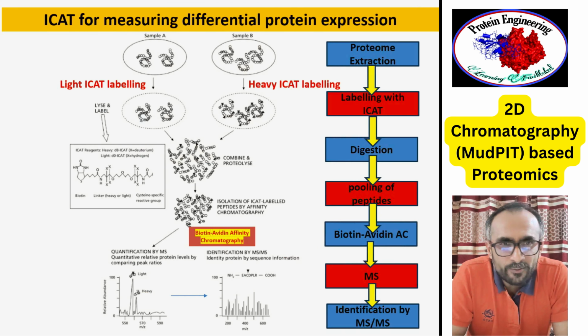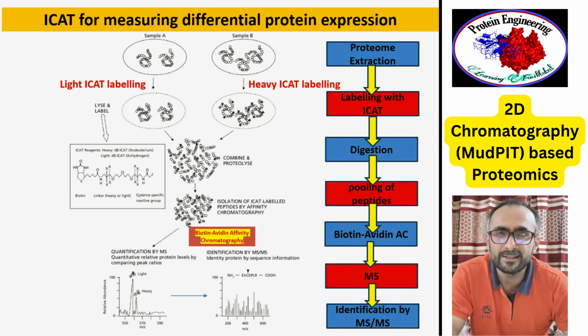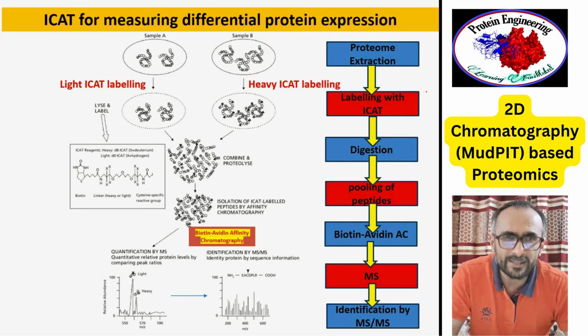Now, how do you use it? Remember, our objective here is to compare proteins from two states of a sample. For example, you have a normal liver tissue and a diseased liver tissue or a drug-treated liver tissue, and we want to see the difference in protein expression in both states, the normal and the diseased one. So we'll follow the same protocol.